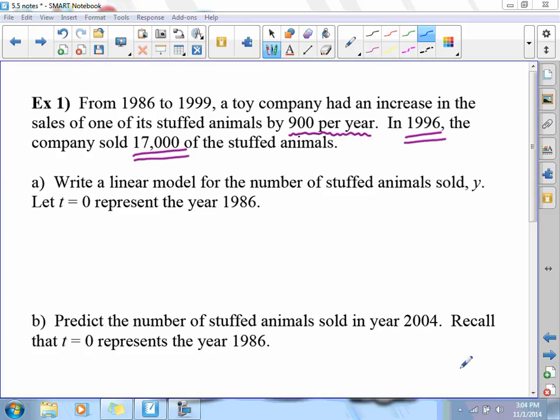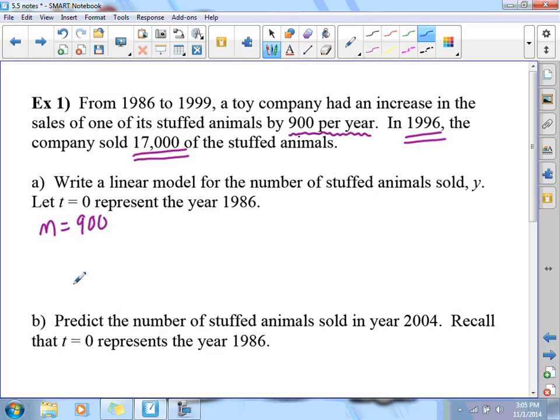And the slope is going to be something that's going to be the same over and over and over, just like this 900 per year. So when I told you that that was important, that is important because that's our slope. Every single year from 1986 to 1999, they had 900 more per year, year after year after year.